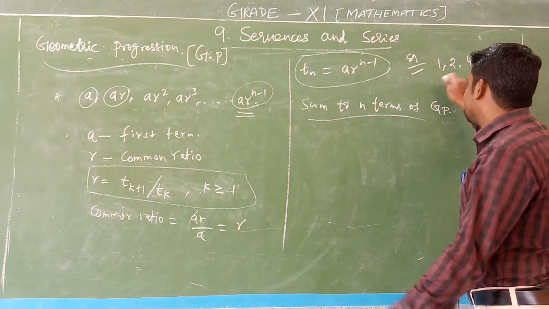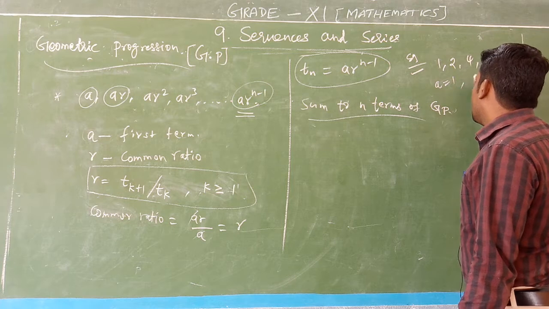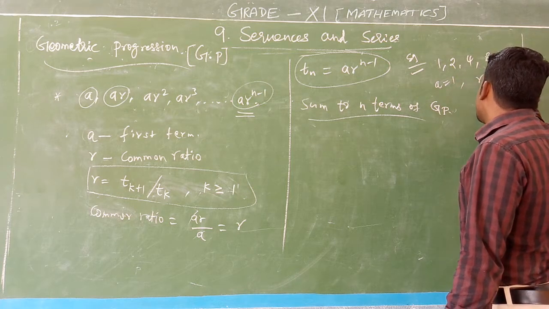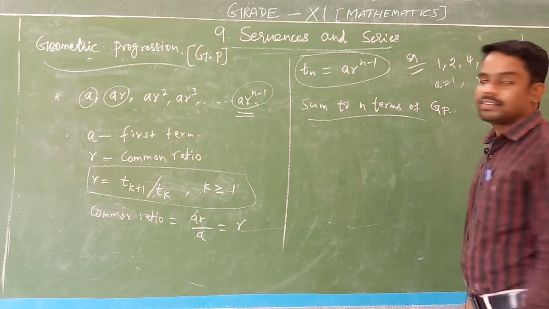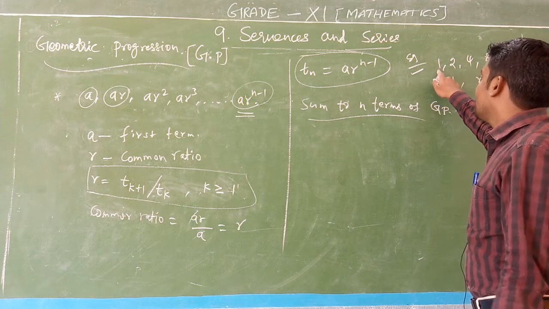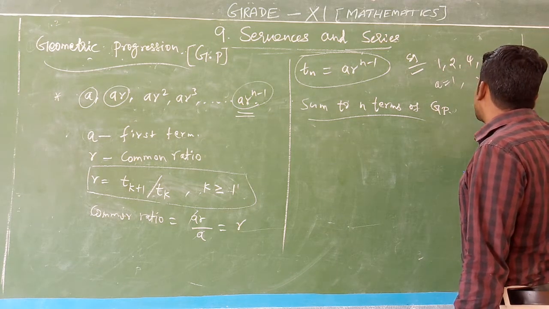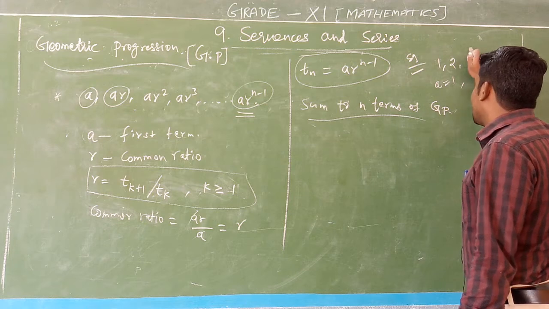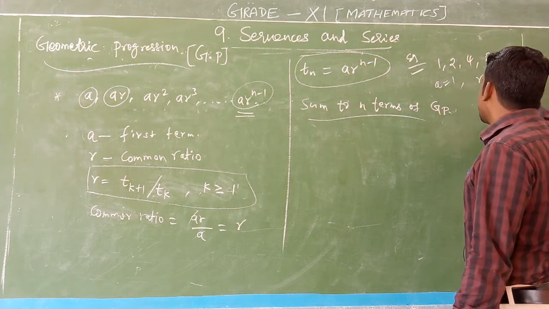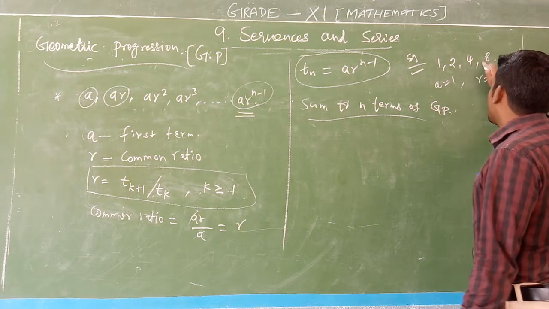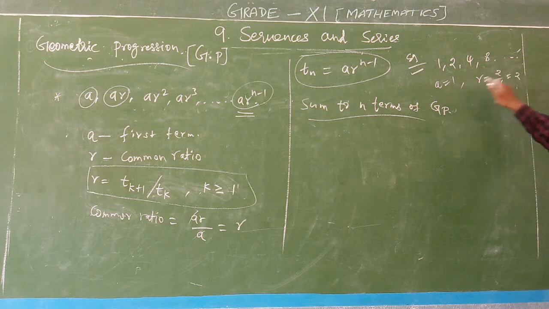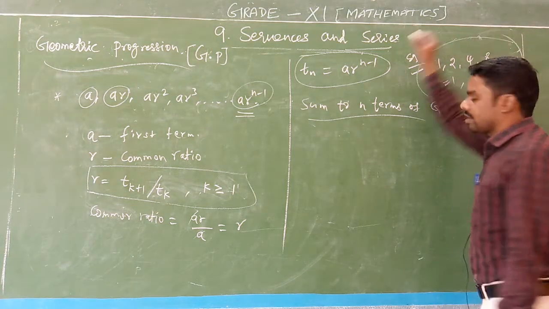The first element a is 1 and r is 2 by 1, that is 2. This is a, which is 1. This is ar, meaning 1 into 2. This is ar squared, that is 1 into 2 squared, which is 4. And this is ar cubed, that is 1 into 2 cubed, which is 8. This is one example of a geometric progression.